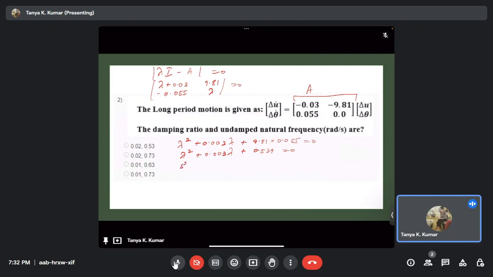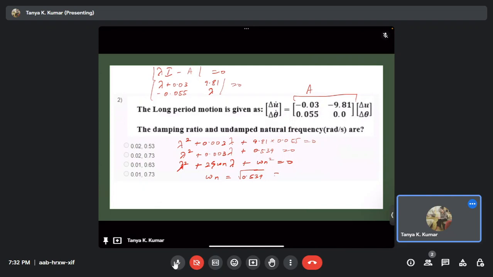You take lambda square plus 2 eta omega n lambda plus omega n square equals 0. So omega n is square root of 0.539.